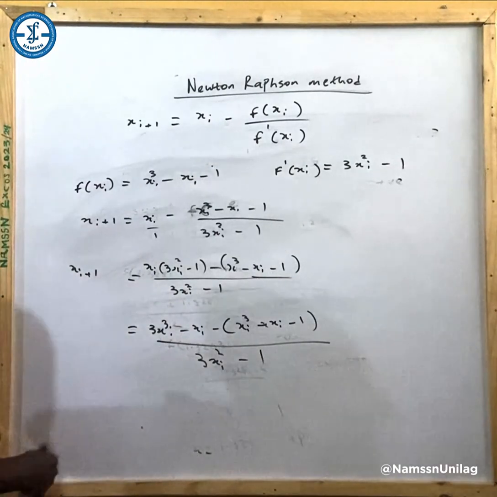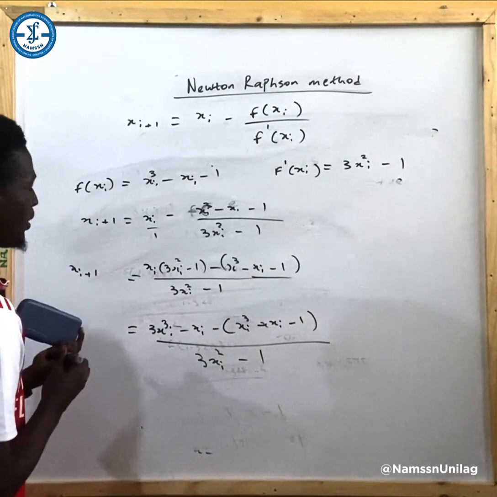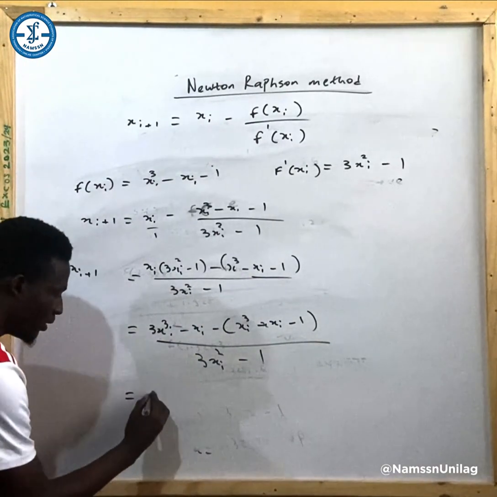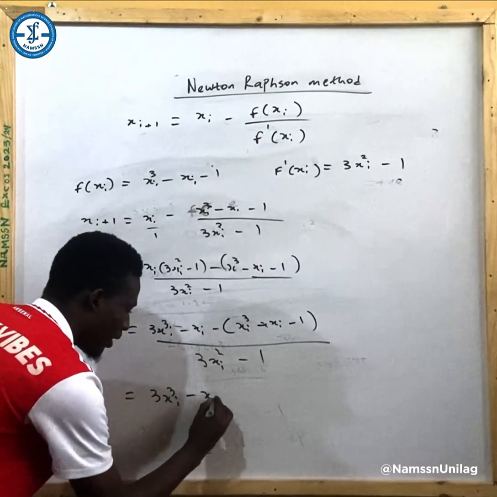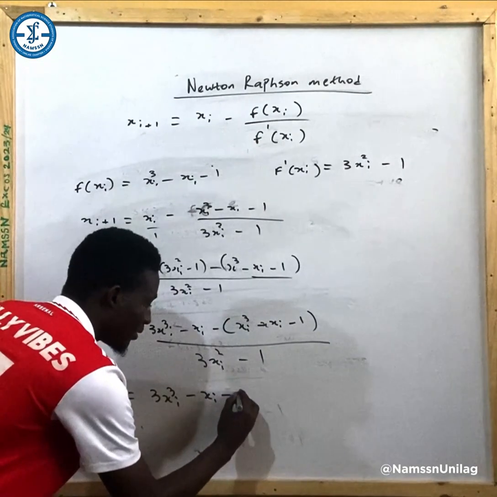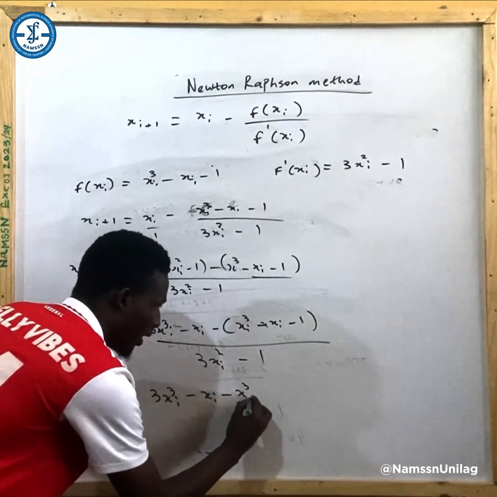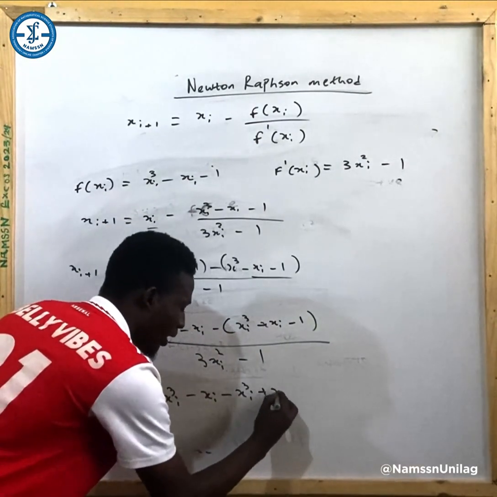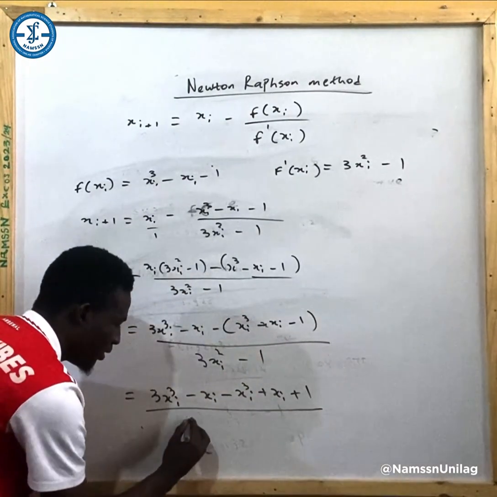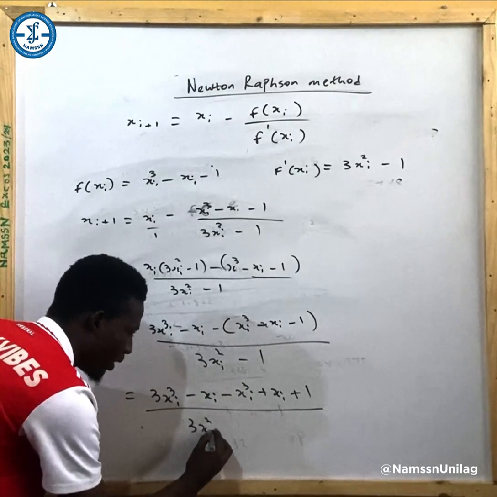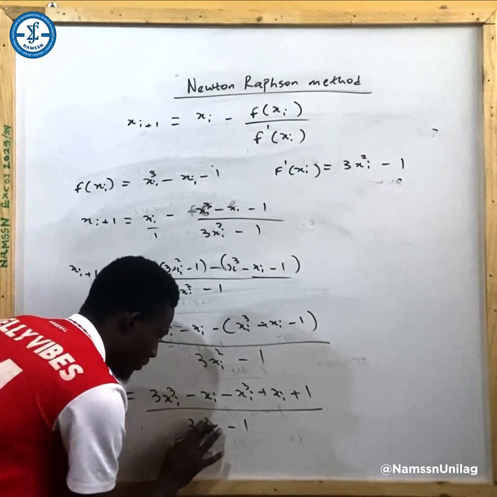So you open the bracket with minus, you have 3x_i cubed minus x_i minus x_i cubed plus x_i plus 1 over 3x_i squared minus 1.